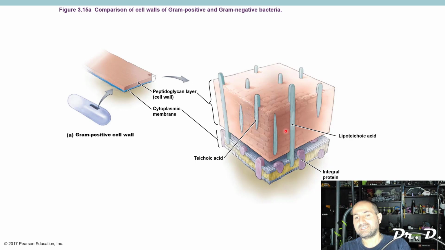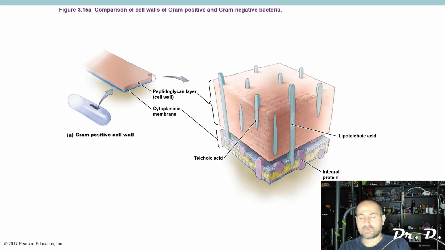The peptidoglycan is very thick. And this is what we know as the gram-positive architecture. So if you see a bacteria which has a plasma membrane and then a gap, and then a thick layer of peptidoglycan with teichoic acids inside, that's known as a gram-positive cell.